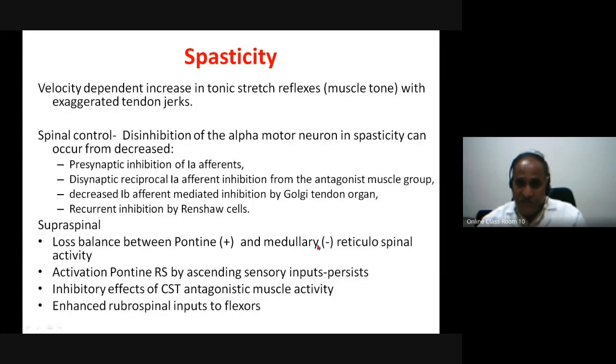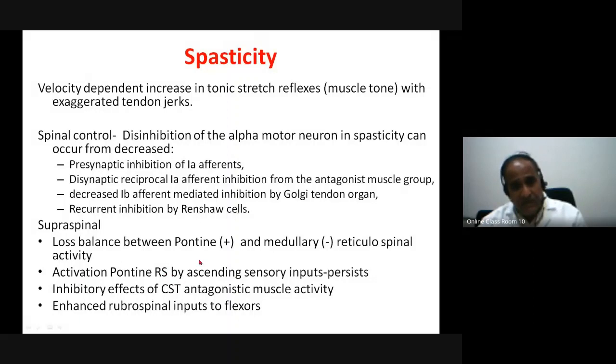This pontine activity is not checked, it's not balanced, so it will be atonia. There is no spasticity. If this is removed, there will be more pontine activity, imbalanced, and that will increase the spasticity. So one produces the increased tone and one produces the decreased tone.